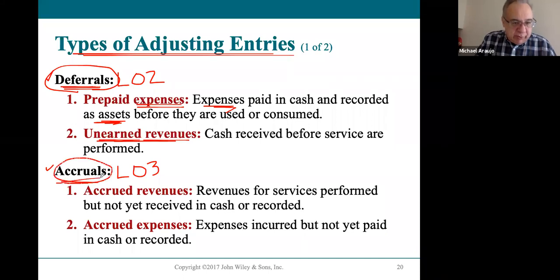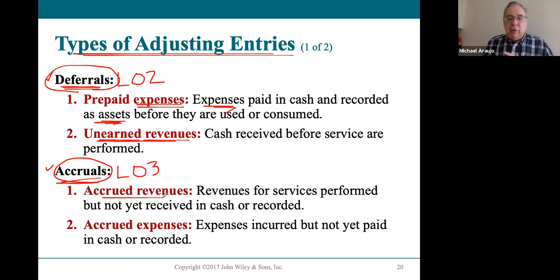On the other hand, learning objective 3 is going to focus on what we call accruals. And accruals are very similar to what we just saw with the dry cleaner, right? The dry cleaner performed the service on June the 30th to clean the clothes, although the customer's not going to come back and pay for those clothes until July, right? Well, that's what an accrued revenue is.